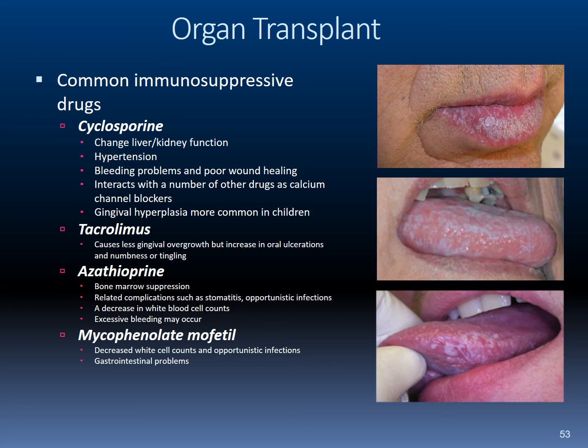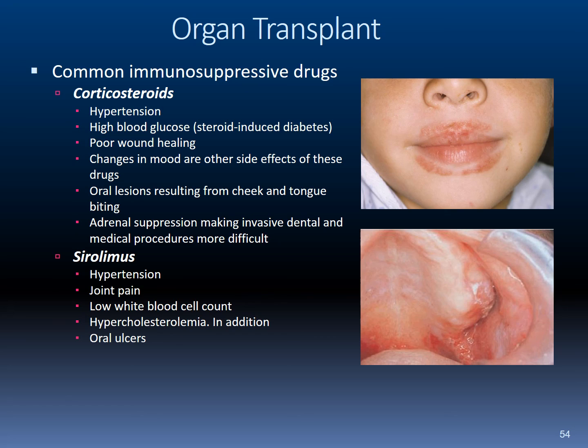Other related complications involve stomatitis, decrease in white blood cells, excessive bleeding. So gastrointestinal problems, there is an array of problems that develop just because of these organ transplant drugs. Some immunosuppressant drugs bring on hypertension and high blood glucose.